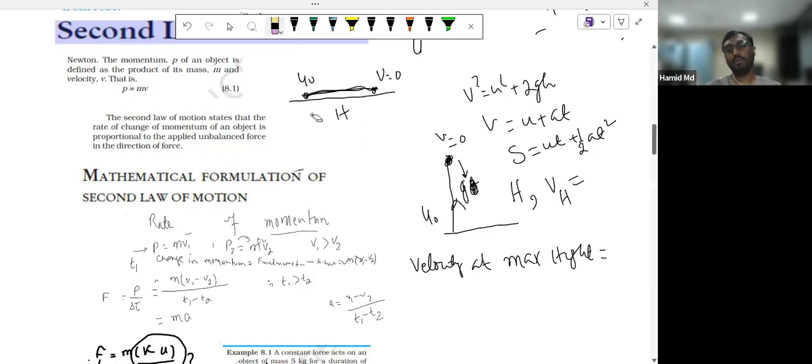My question is how much distance it will cover if we are throwing it with velocity u naught. If you are done, you may show it through the screen if possible.